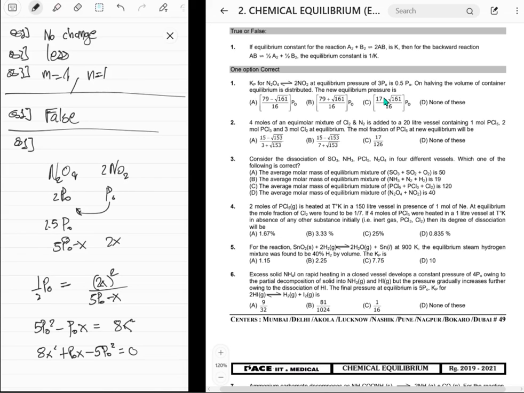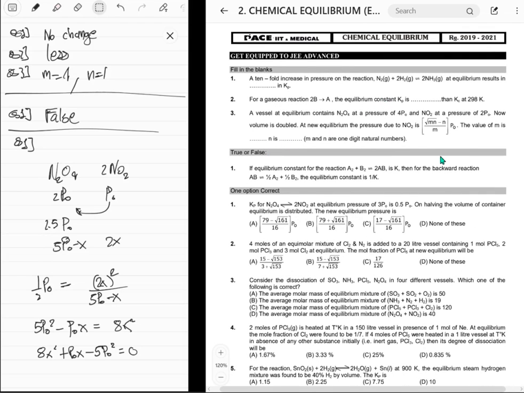So once again, you just have to apply the quadratic formula. Right. Hey, wait a second. Here, what did you want? The value of M is the equilibrium pressure due to NO2. But wait a second, we just found what X is.